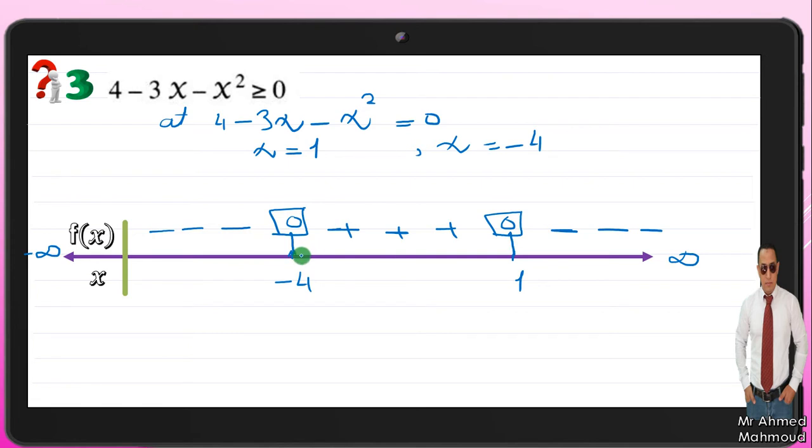The zeros are negative 4 and 1. So f of x is greater than or equal to 0 at x belongs to from negative 4 closed and 1 closed.